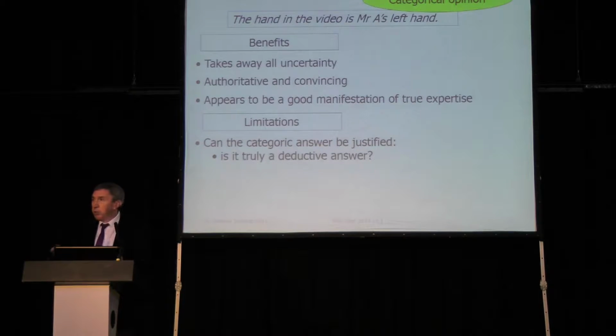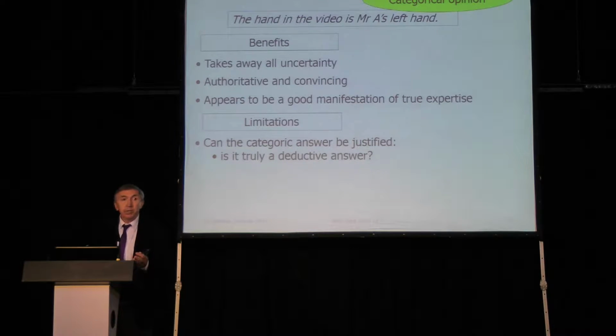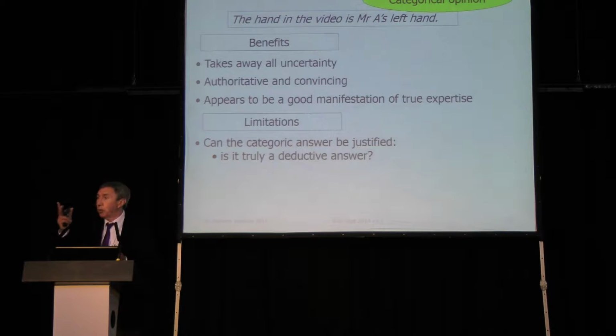You kind of say, well, can a categorical answer be justified? Because in logical terms, you can justify it if it is a truly deductive answer, which in this case it certainly isn't, unless, say, there were only two possible or a defined group of perpetrators, and the other people you could all exclude. You could deduce that the one that matches must be the perpetrator. But there's not many circumstances in legal argument, I would suggest, that are truly deductive.